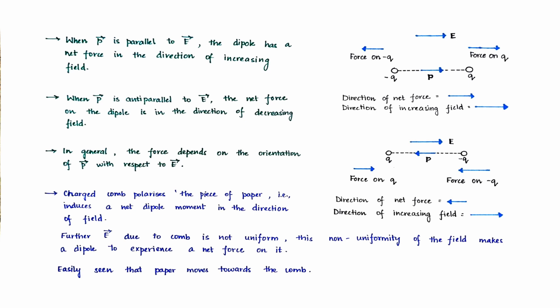Now we will see the case when P is parallel to E. When P is parallel to E, the dipole has a net force in the direction of increasing field. See this figure. The dipole is moving in this direction, and the electric field is in this direction, from this charge to this charge.